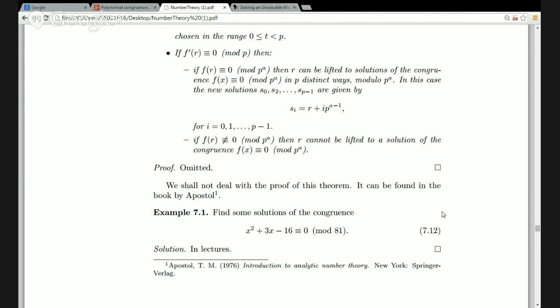Okay, so you look at the top case. The top case asks us to evaluate f prime of x. Now, what is f prime of x? It's 2x plus 3. Nicely. And f prime of r, which is equal to f prime of 1, is what? Is 5. And the point about that, we're just checking that modulo p.